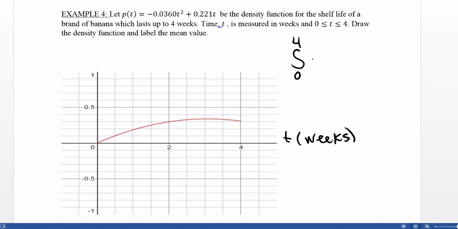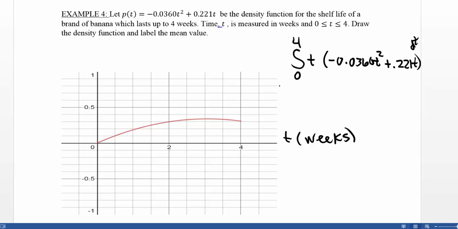Our variable here is t, so we're going to do t times our density function, so negative 0.0360 t squared plus 0.221 t dt.